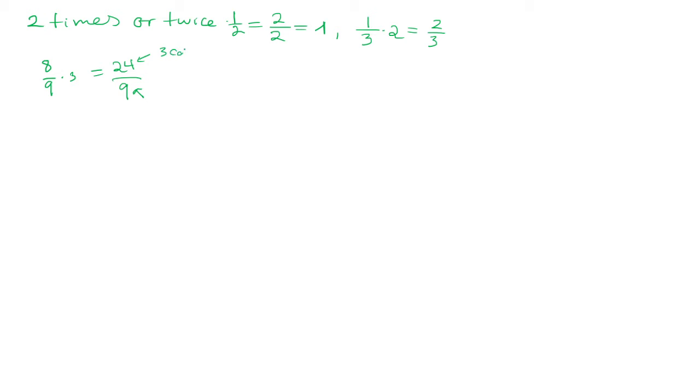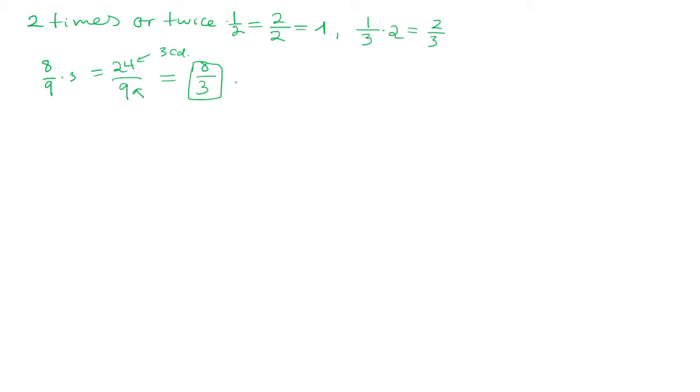So this expression can be simplified to 8 divided by 3. And since there are no longer any common divisors, this is the simplest term of 8 divided by 9 multiplied by 3. But actually there's a shortcut here.